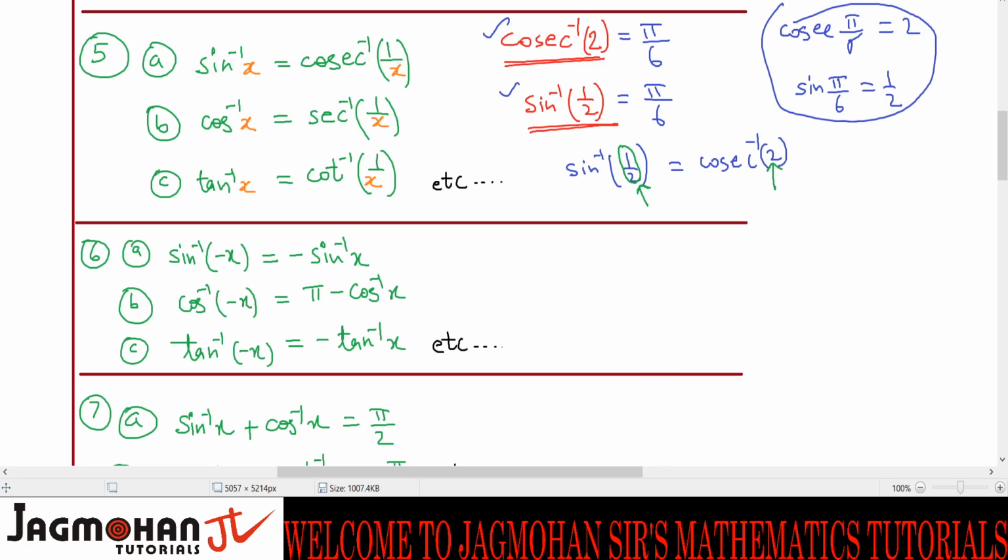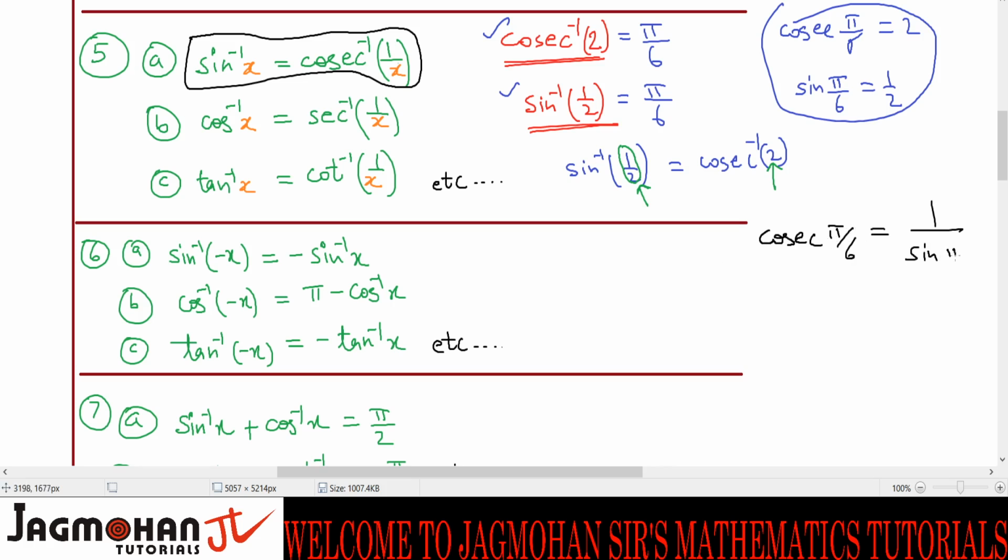Some students commit a mistake because they relate this particular result with the trigonometric functions relation. In trigonometric functions, cosec pi by 6 is equal to 1 upon sine pi by 6, that is, sine x equals 1 upon cosec x.